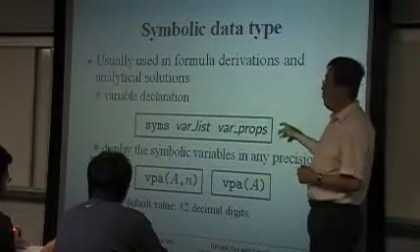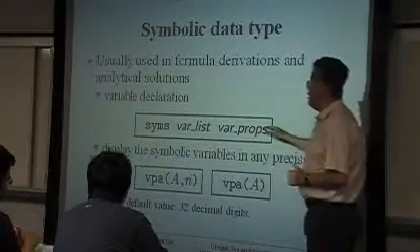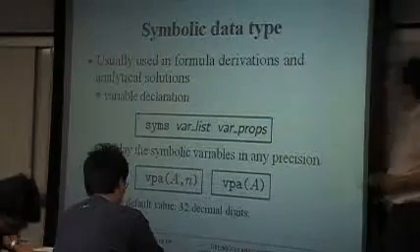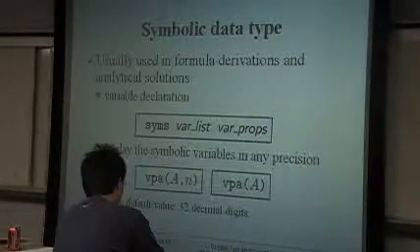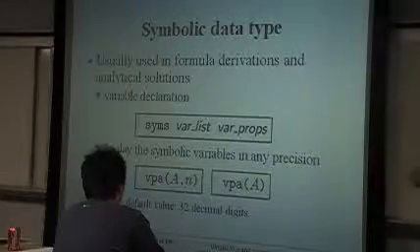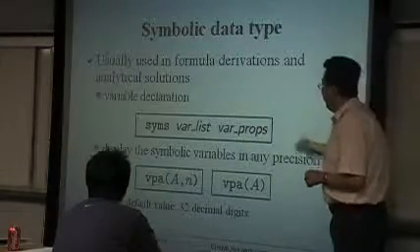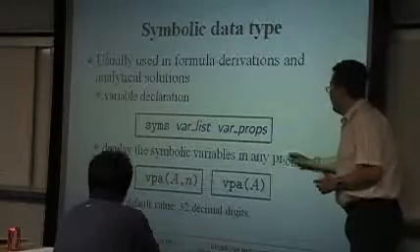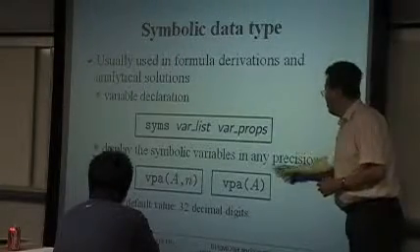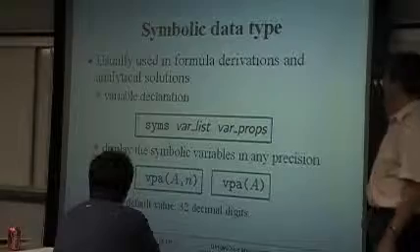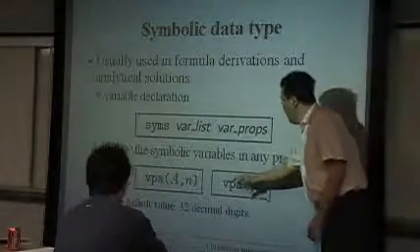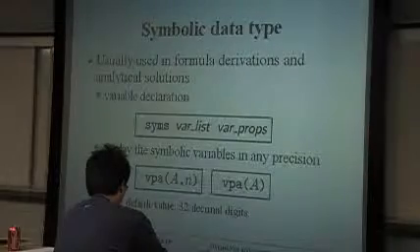For instance, you can use real or nonzero or positive, something like this, to declare symbolic variables. And also you can display the symbolic variables with the vpa for variable precision arithmetic. I will demonstrate this one later on to you.